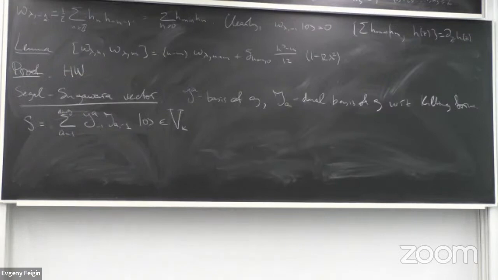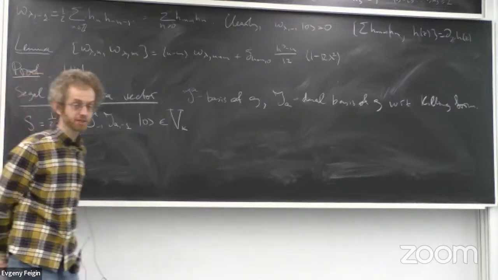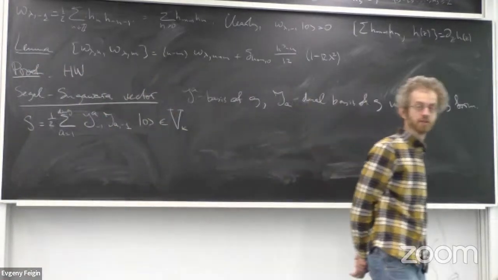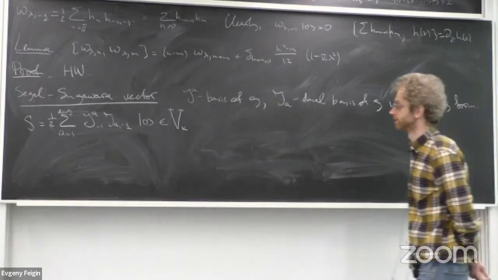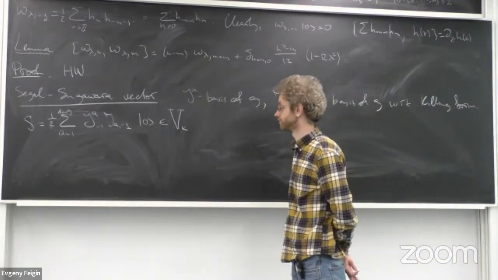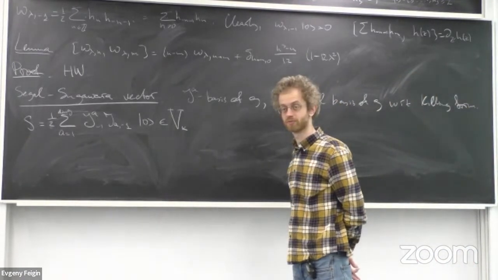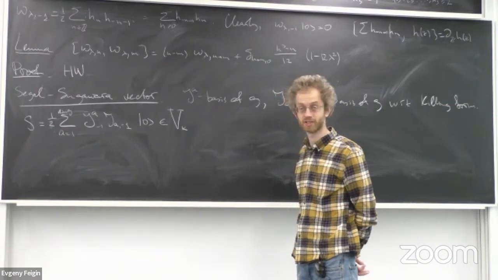Do I need a half here? Yes, I do need a half. Okay, so is it clear what this vector is? This is a vector of degree 2, from the degree 2 part of our vertex operator algebra.